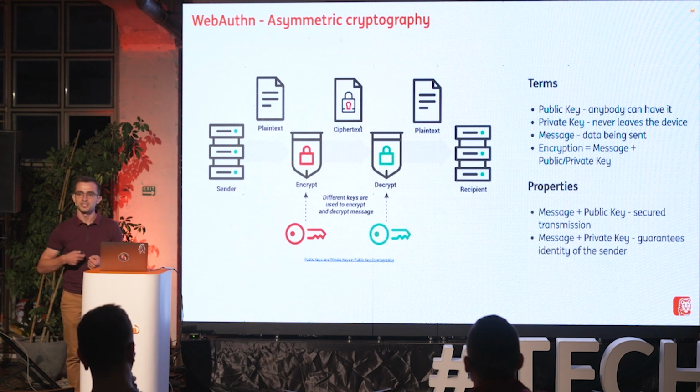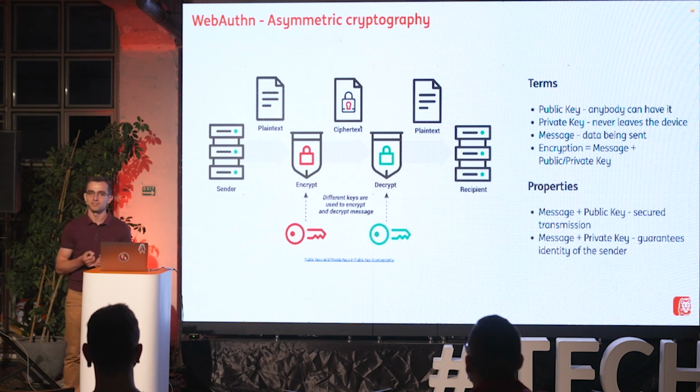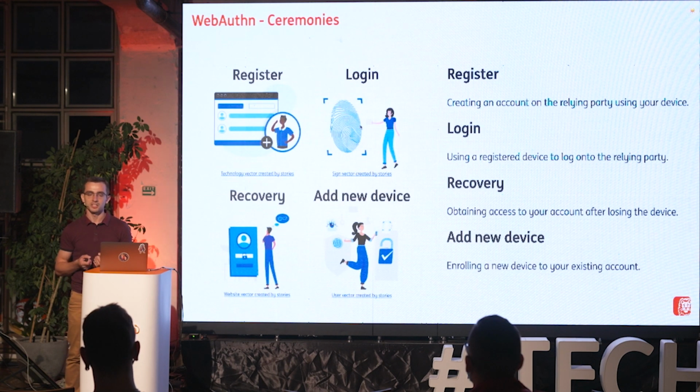And when you send a message through a channel, you get a secure transmission if you apply an encryption using the public key, because only the one having the access to the private key can understand the original content of that message. If you apply the encryption with the private key, anybody can understand the original content, but you are still getting something out of this. Because of that control process around the private key, you have the guarantee of the identity of the sender. And this is what web authentication does.